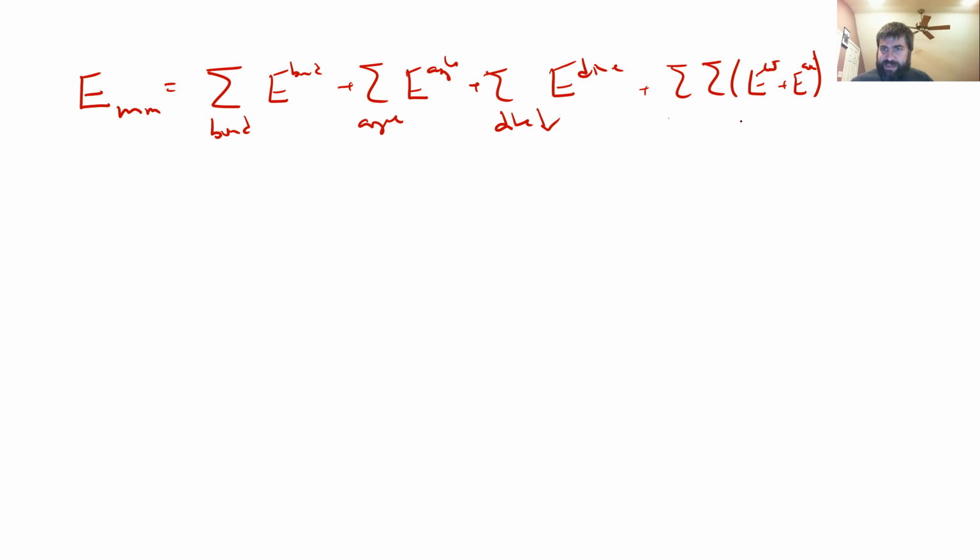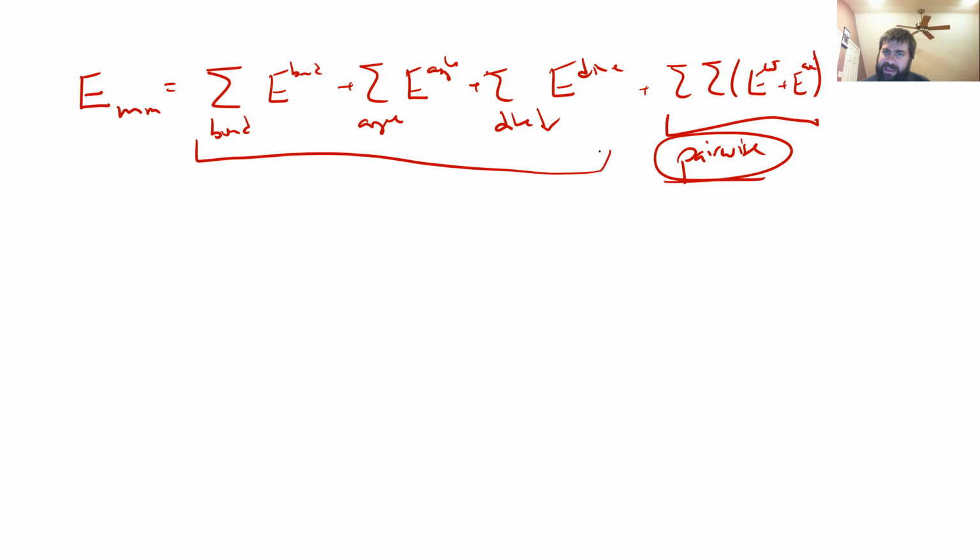If we notice this piece here, the non-bonded interaction, this is written in terms of pairs of atoms. The non-bonded interaction is a pairwise interaction in terms of atoms. These are a little trickier. Right?